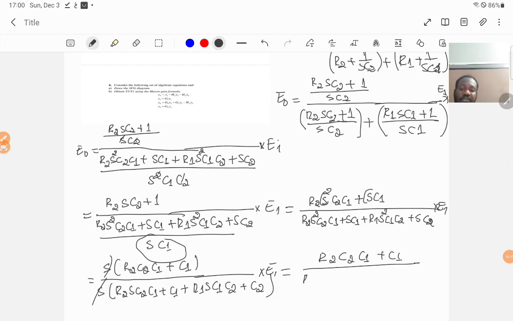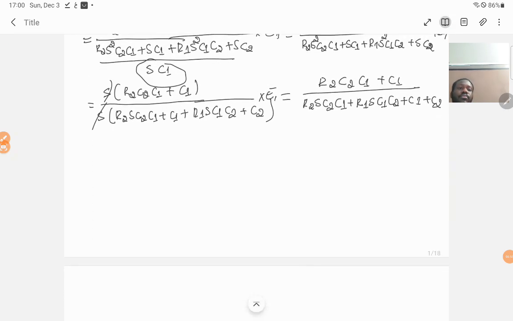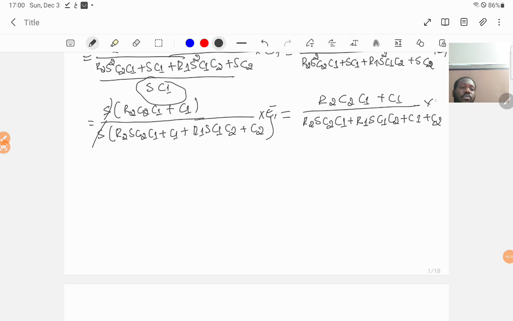here we will have R2 S C2 C1 plus R1 S C1 C2 plus C1 plus C2. That will be multiplied by En.